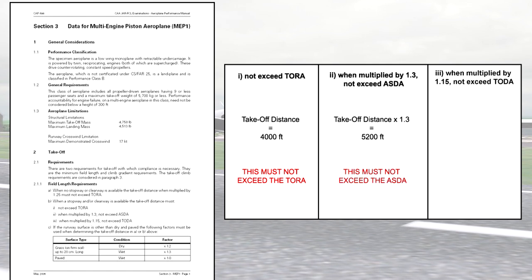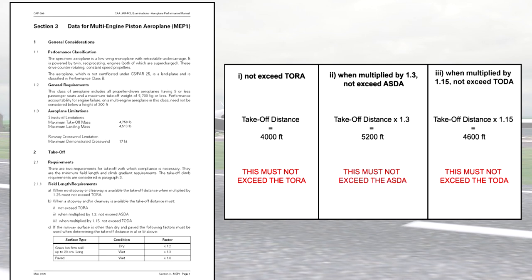You may recall that the accelerate stop distance available is the takeoff run available plus any stopway. So, a pilot must ensure that the airfield has an accelerate stop distance available of more than 5,200 feet. The last regulation tells us that the takeoff distance, when multiplied by 1.15, must not exceed the takeoff distance available.